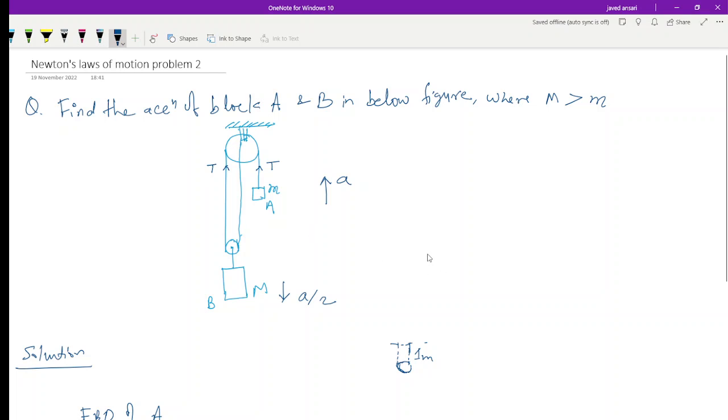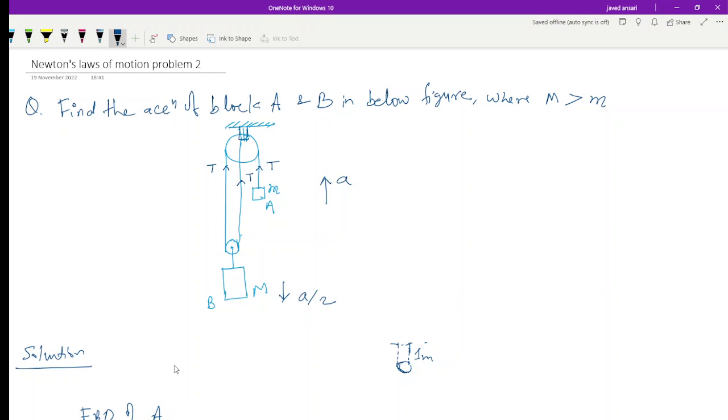But you can ignore this rotational motion because this pulley is massless, and this string is attached to this fixed one. It's not attached to the pulley, right? So this is also a tension T, right? Because this pulley is massless, both sides of this pulley will have the same tension. So T is here, T is here, T is here. It means this tension T is the same everywhere in this string. Okay, so that's going to be the tension.